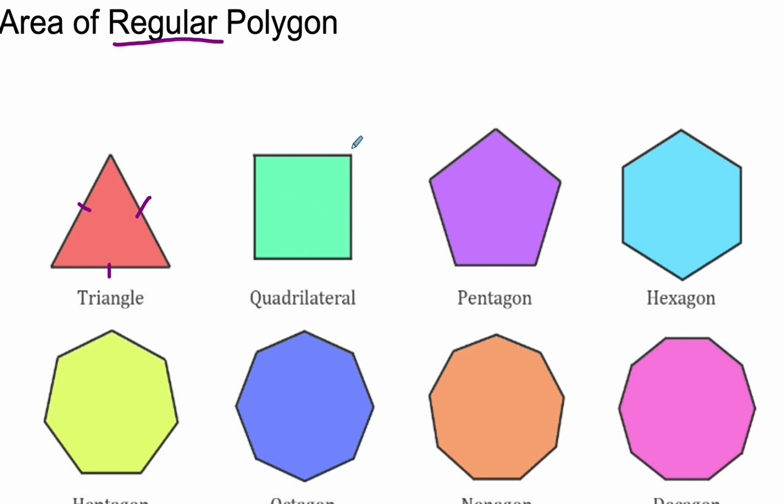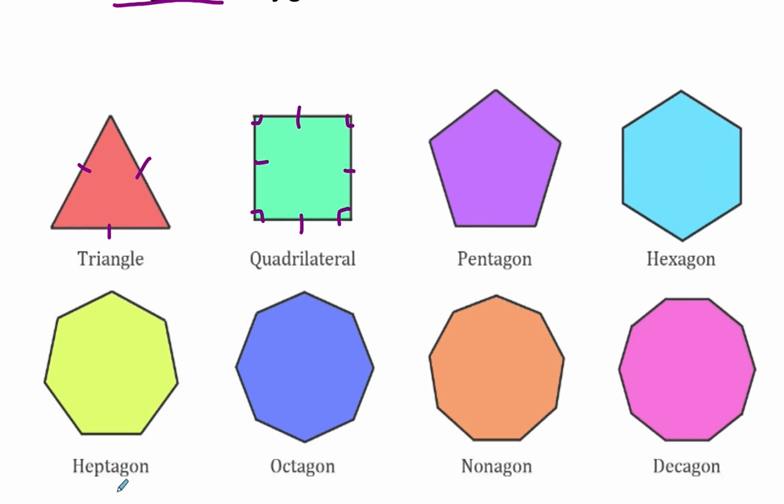But if it is a regular quadrilateral, it is a square. 4 sides are congruent and all 4 angles are congruent. From then on, you can just name it. 5 sides pentagon, 6 sides hexagon, 7 sides heptagon. You cannot see that very well, but it's heptagon.